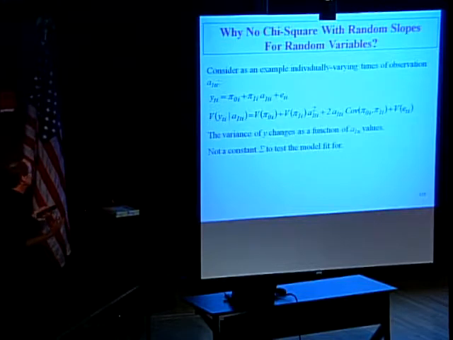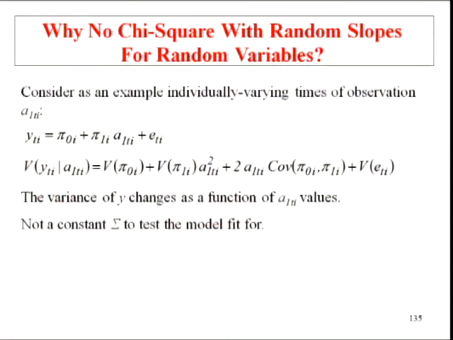If you didn't have individually varying times of observations, and if you didn't have random effects for time-varying covariates, you are able to get a chi-square. So Mplus will give you a chi-square when you can get it. For those models where you don't have these two features, and I would say that most growth models don't have them, I think it's good that a program like Mplus can provide you with this chi-square test of fit, albeit perhaps depressing at times.